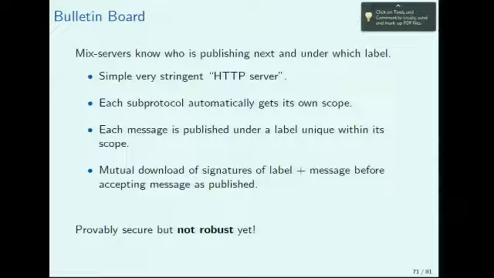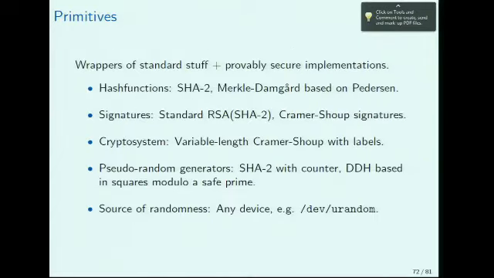So there are several things that can go wrong in the sense that the protocol can halt. If somebody simply doesn't publish a signature, the protocol will halt. So this is something to deal with in future work. Then in terms of primitives, I have wrappers of standard stuff. All of this is written in Java and C, and this is basically wrappers of standard stuff.